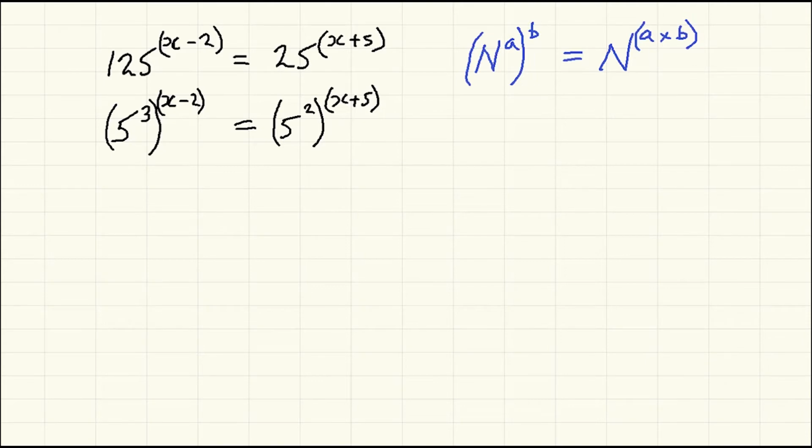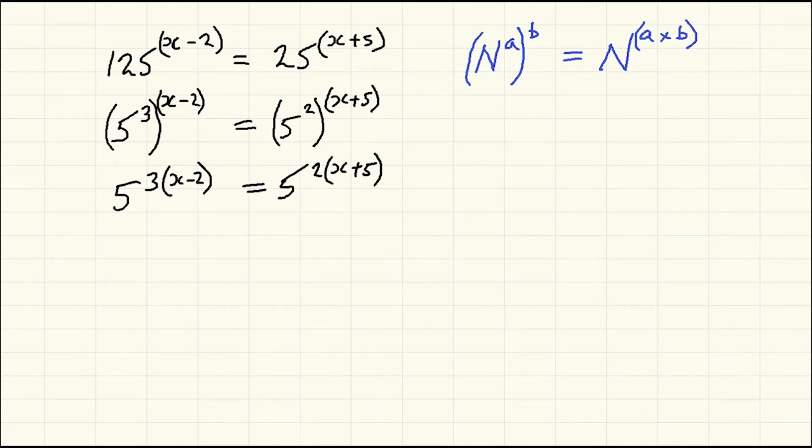Therefore, we can rewrite this as 5 to the power of 3 times x minus 2, and we can rewrite this as 5 to the power of 2 times x plus 5.